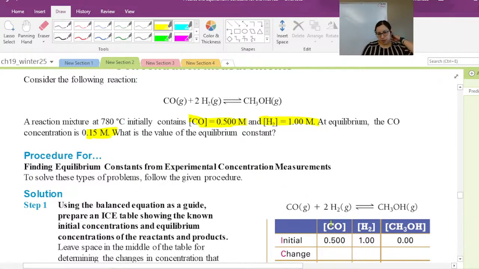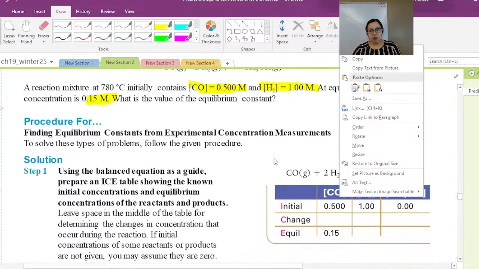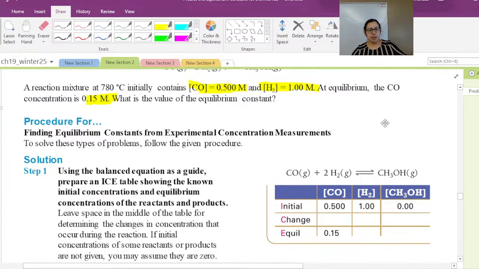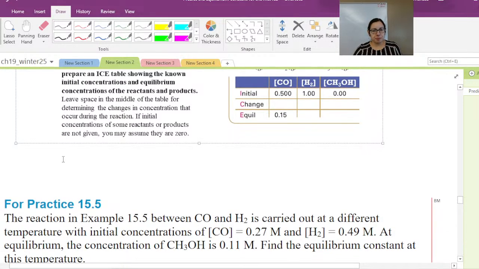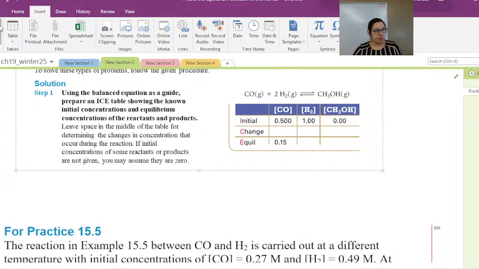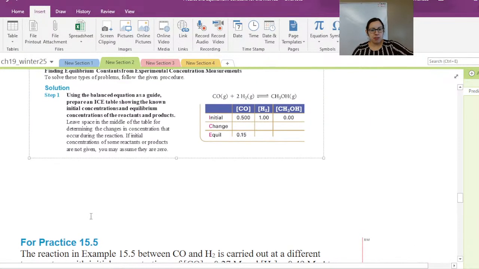And so now we're going to be using these, I'm going to call them rice tables. So they call them ICE, but everybody likes rice better anyways.